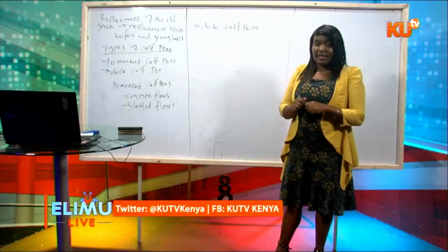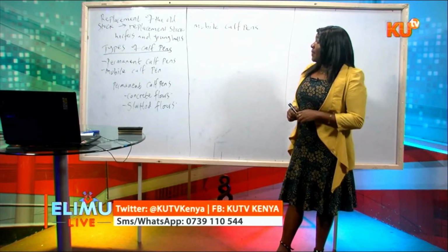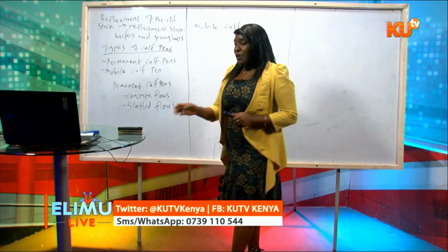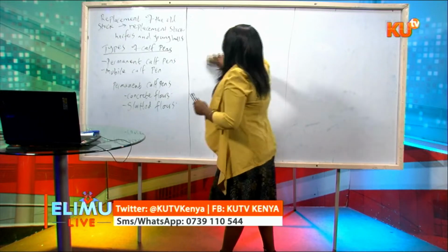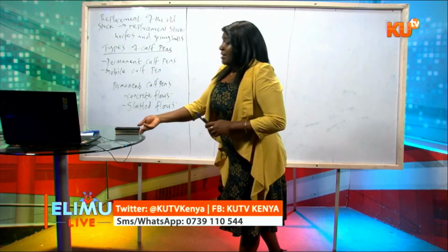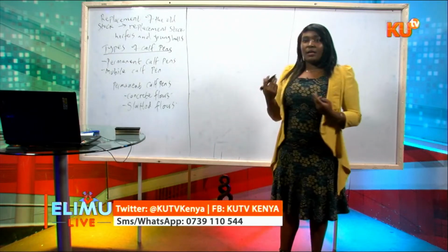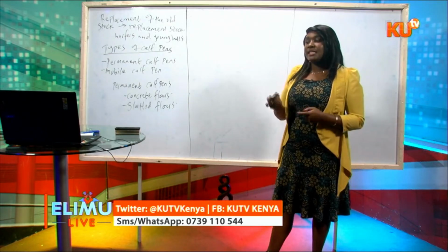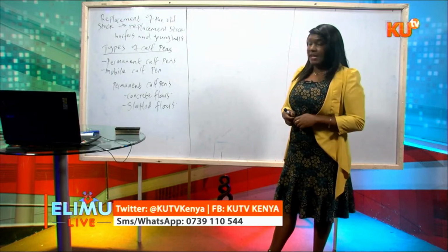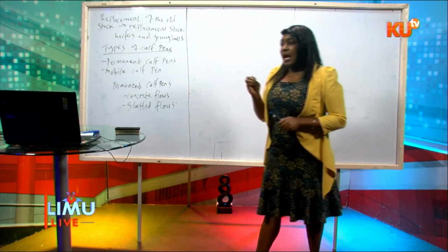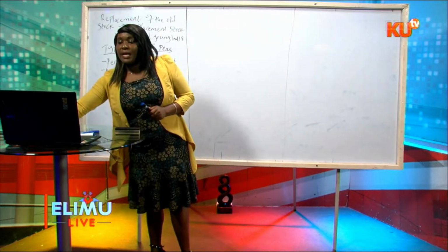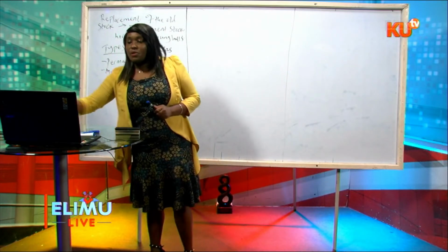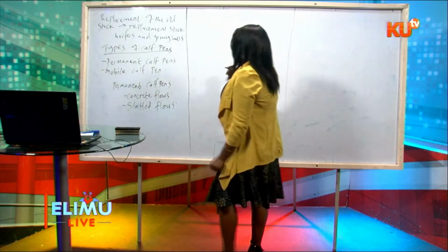That is a very high mark. The challenge when marking this question is the approach. The learners have all the content, but presenting the answer is the challenge. That is what I want us to tackle today: how to answer this question on the requirements of an ideal calf pen.